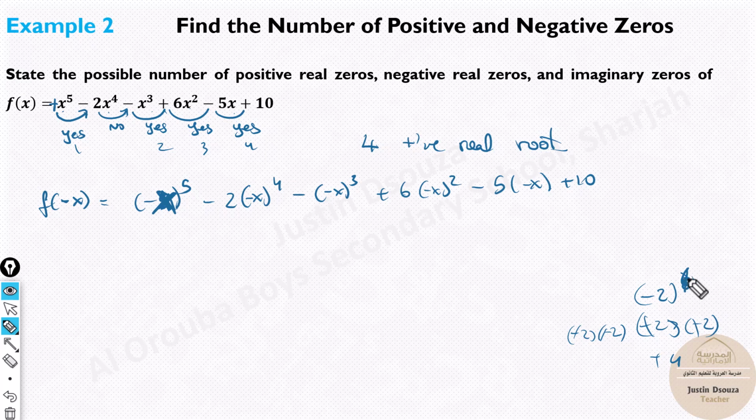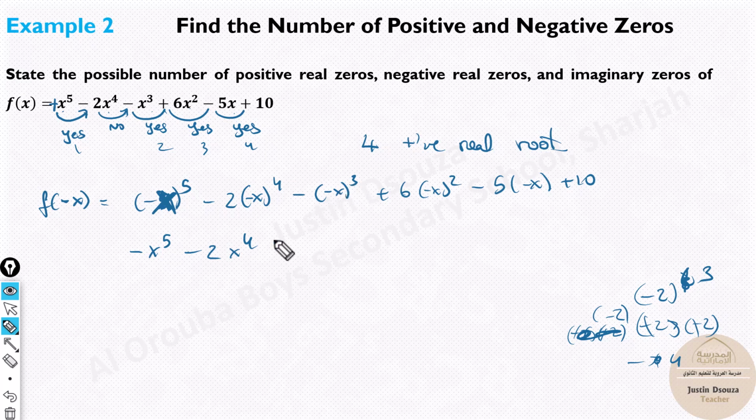But what if it's an odd number, if you have power 3? So you will have only one, so this and this cancel off, becomes positive, but again positive times negative becomes negative. So whenever there is an odd power, the sign changes. See, now this is odd, so it will be minus x to the power 5. Whereas for even numbers, this minus x to the power 4 will be positive. So it's just minus 2, this will be positive 4.